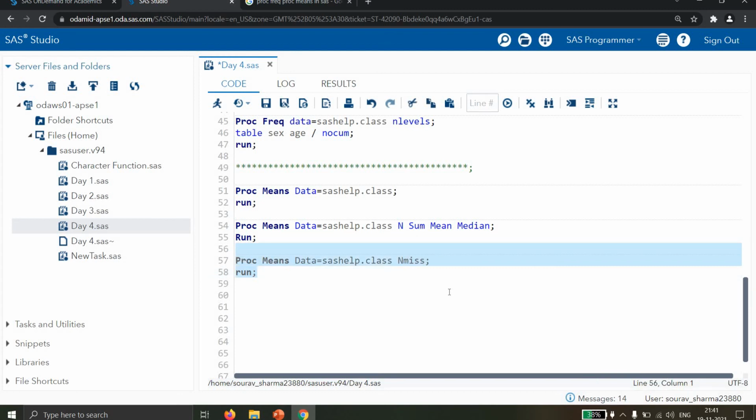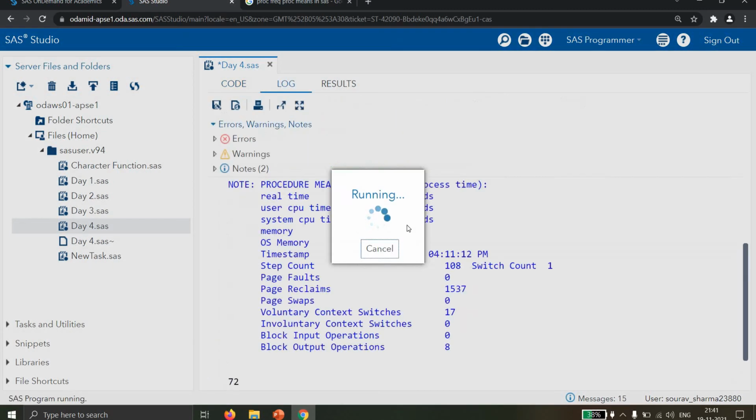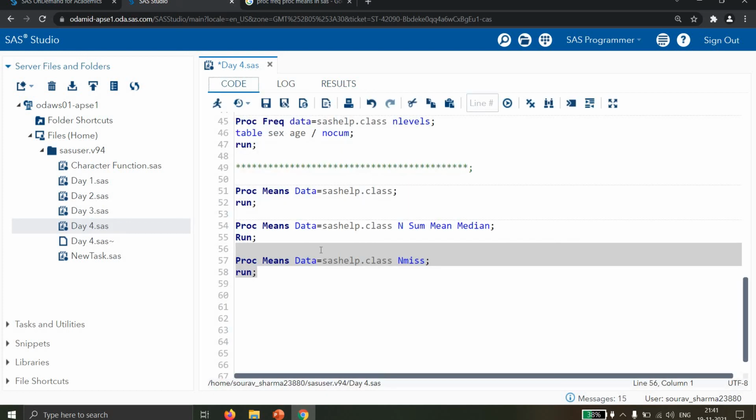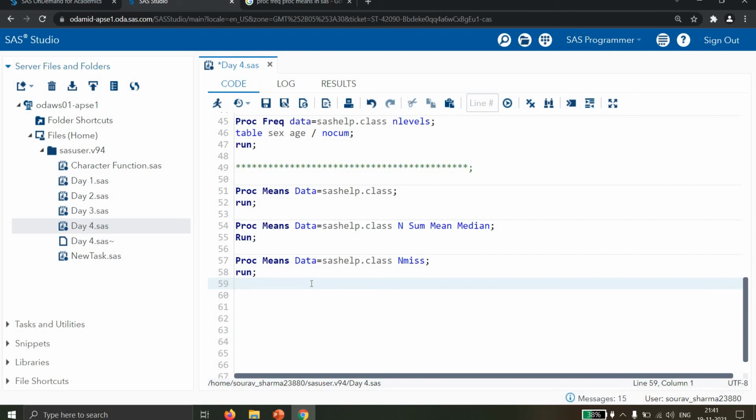Let's suppose I run this code. Now you can see here nmiss is 0. That means nothing is missing in my data, all variables, all observations have values.